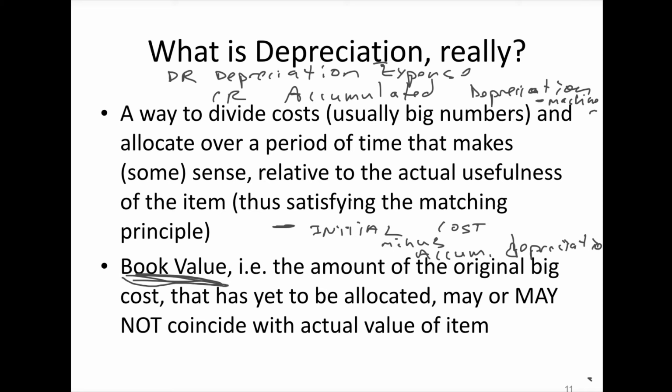Whatever amount that is, that's the amount of my money I'm getting back when I sell it. Anything more than that would be a gain. Anything less than that would be a loss. So book value is what tells you in the future when you get rid of assets, whether you got rid of them at a gain or at a loss, or you sold them or got rid of them at their actual value.